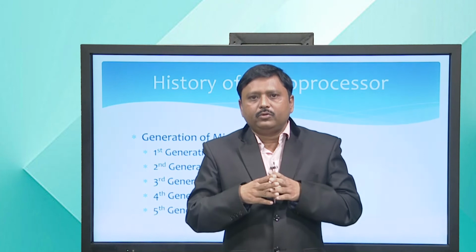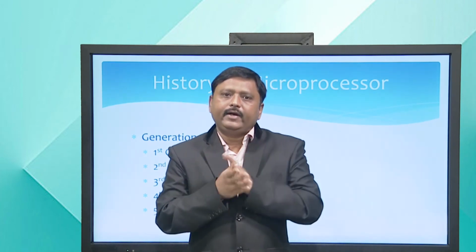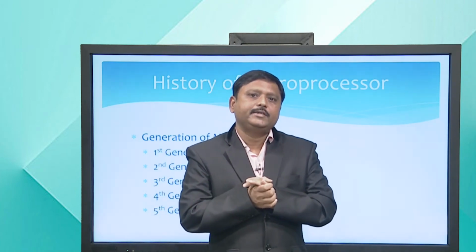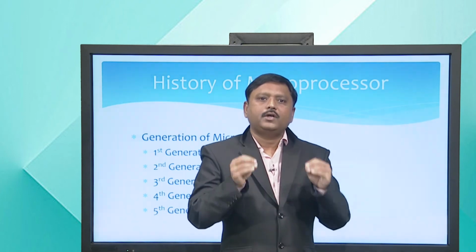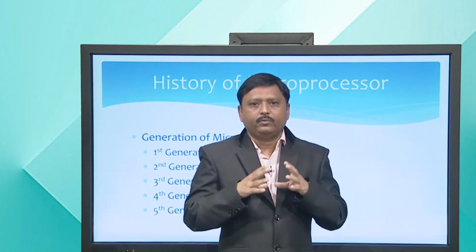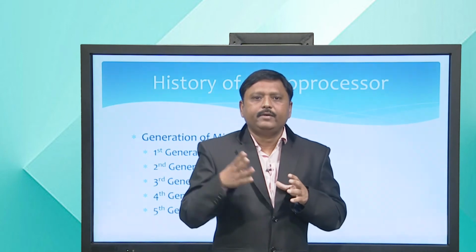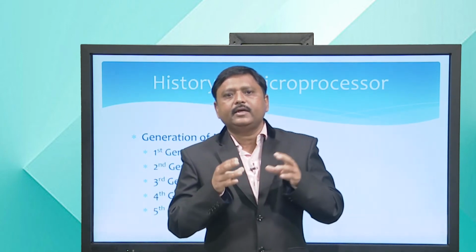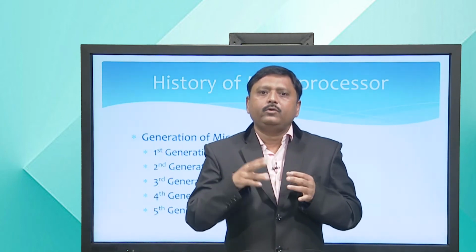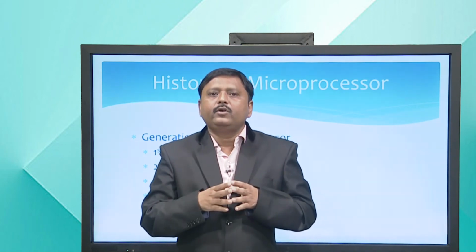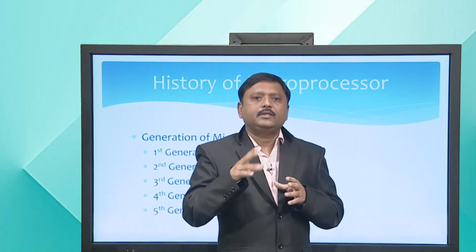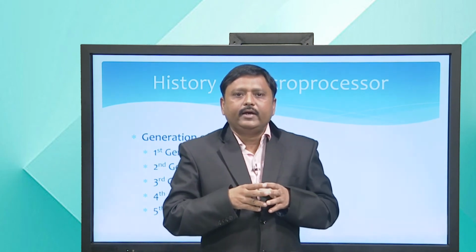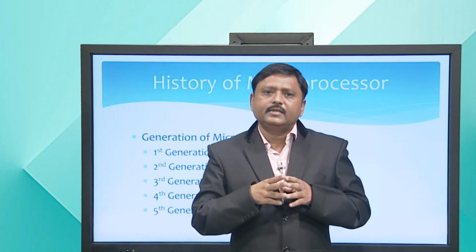Now, let us come to the third generation. Around 1978, Intel released the 8086, which was the first 16-bit microprocessor. With 16-bit word size, it can represent numbers from -32,768 to +32,767.